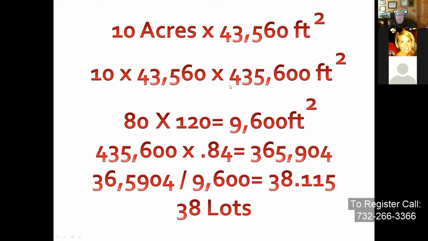Let's see how many lots that would give you. 435,600 divided by 9,600 would give you 45 lots. So there's going to be a wrong answer in there. A will be 38 lots. B will be 45 lots, because if you forget to take out the streets, then you'd come up with a bigger number.